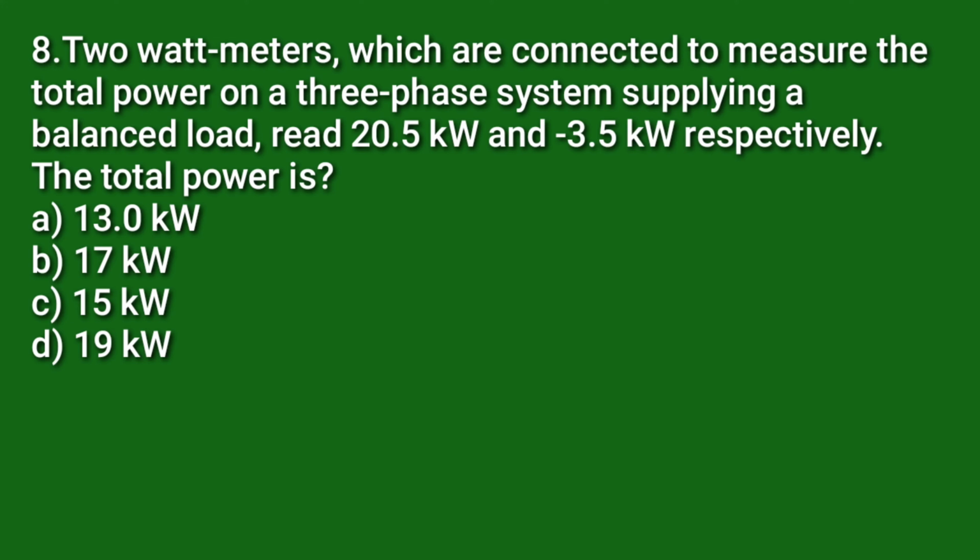Therefore, total power is W1 plus W2, equal to 20.5 minus 3.5, that is 17 kilowatt. The answer is B, 17 kilowatt. B is the answer.